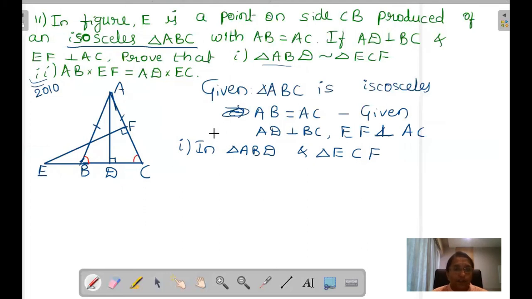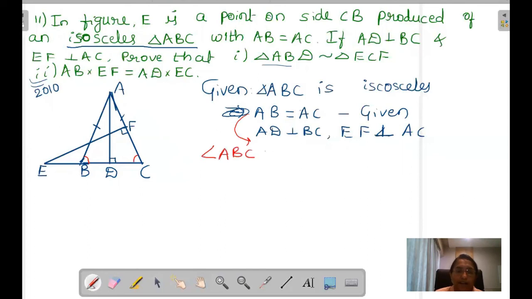Before writing this, in the given itself it will come. Since AB is equal to AC, angle ABC is equal to angle ACB. This is also one important piece of information we'll get.